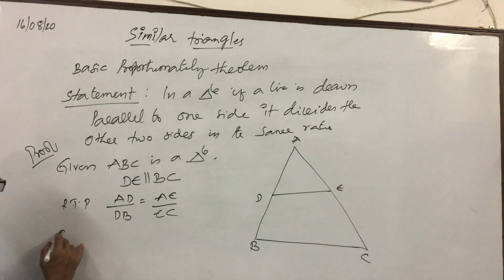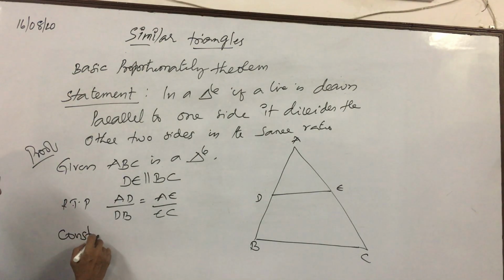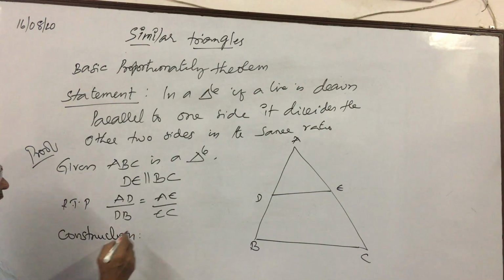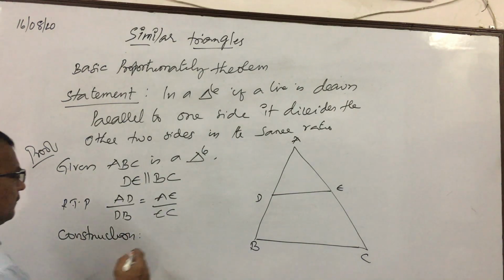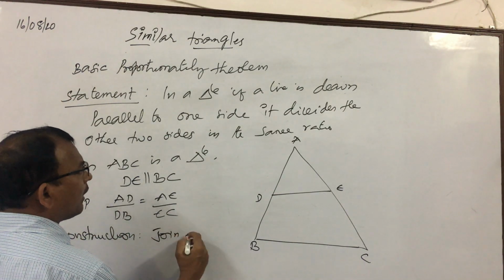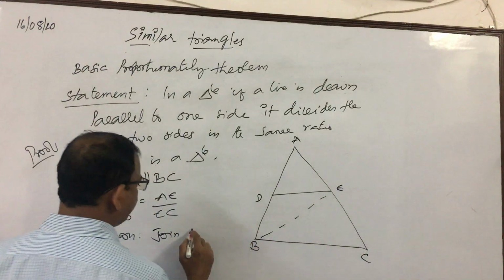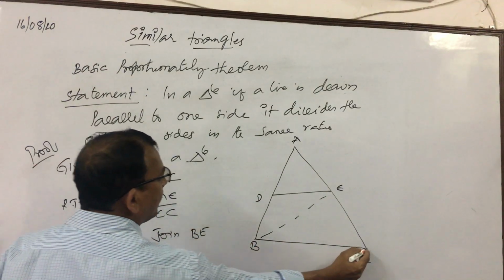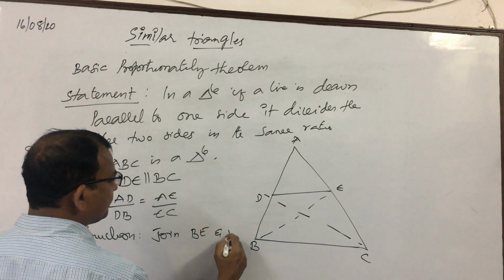So for proving, we have to do construction. What is the construction? Join BE and DC.